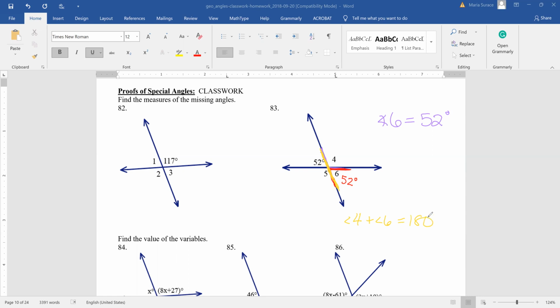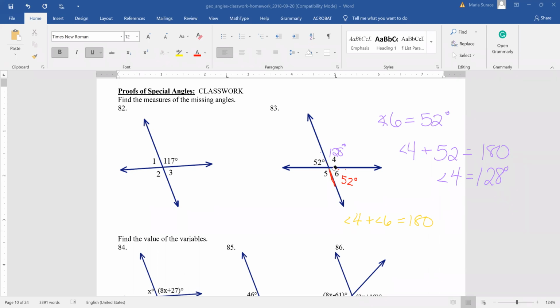So I'm able to figure out what angle 4 is by saying, okay, angle 4 plus angle 6, which is 52 degrees, has to equal 180 degrees. 180 minus 52 equals 128, which means angle 4 is 128 degrees, as 128 plus 52 make 180 together.